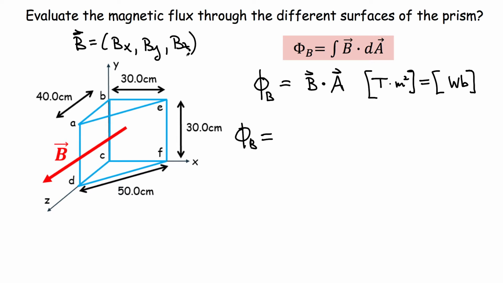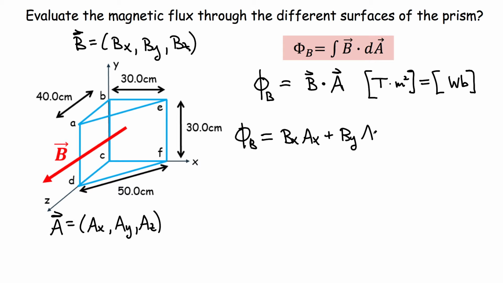Likewise, let's assume that our area vector can also be defined in terms of components, Ax, Ay, and Az. One way to write out this scalar product is to multiply the components and then add them together. It would look something like this: Bx multiplied by Ax, plus By multiplied by Ay, plus Bz multiplied by Az.